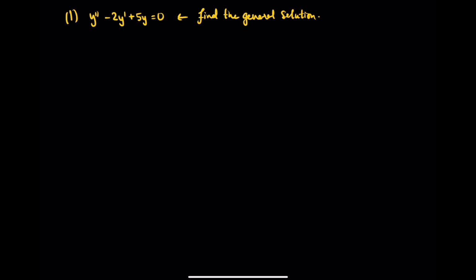So same thing, we take the characteristic equation. So first thing we do is the characteristic equation. With the characteristic equation, you have r squared minus 2r plus 5 equals 0.